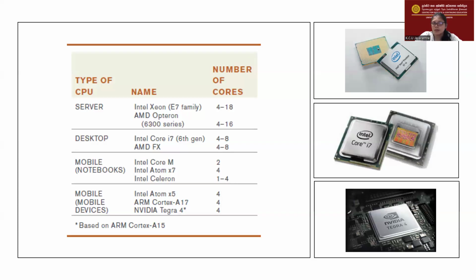In a mobile phone there can be only 4 cores. So based on the device, the number of cores is different. That's the basic idea about the CPU and the cores.